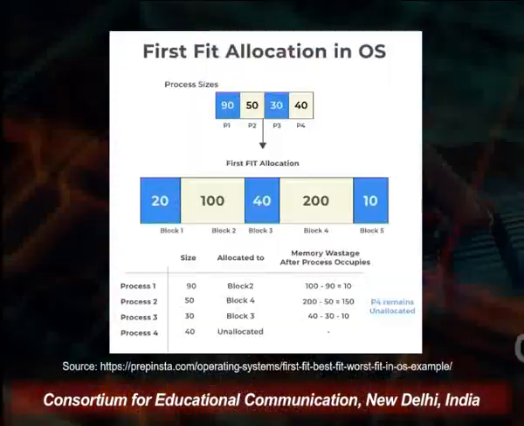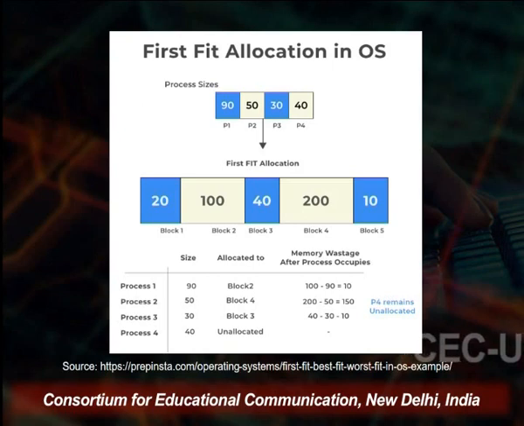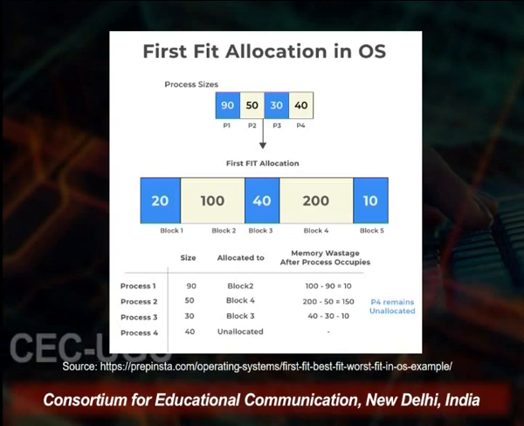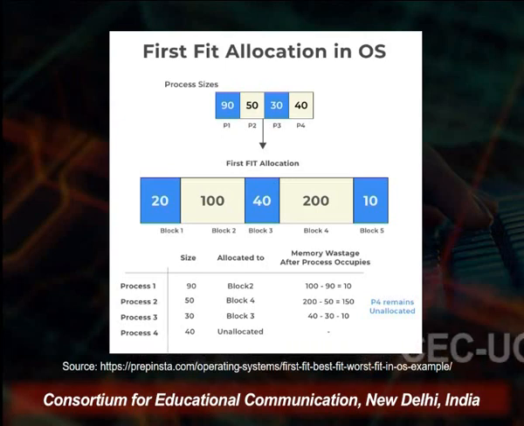So here we can see this first fit allocation in our operating system. For example, there are process blocks P1, P2, P3 and P4, and the requirements are 90, 50, 30 and 40. Let us take the first one, which is 90, looking for 90 units of memory, and we will start searching in the blocks given at the bottom.